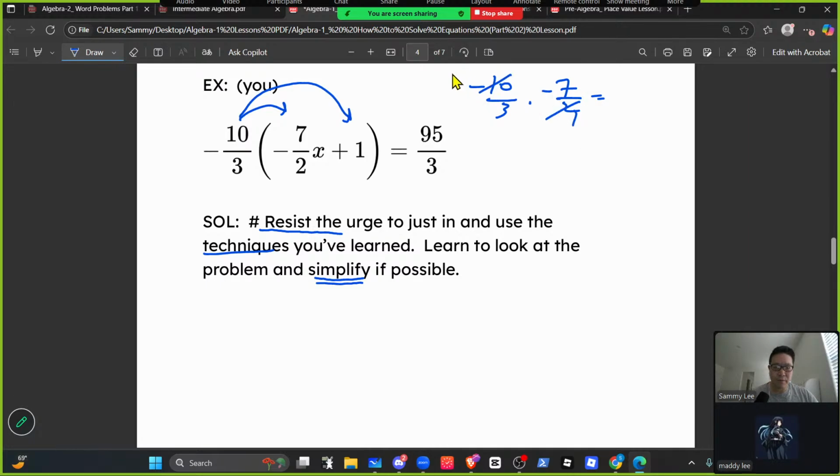We can cross simplify. 2 goes into 10 5 times. Negative 5 times negative 7 is positive 35. And then 3 times 1 is just 3. So we have 35 over 3x. And then 10 over 3 times 1 is just 10 over 3.